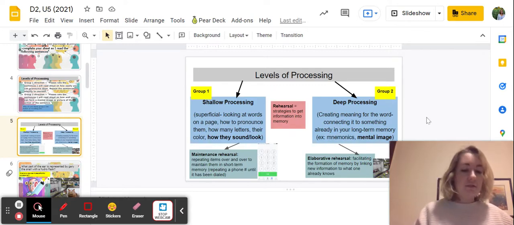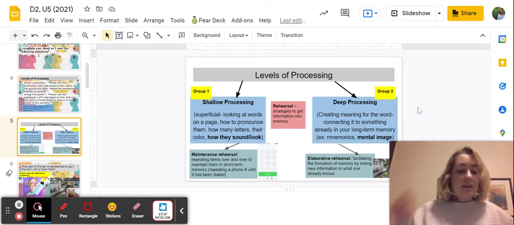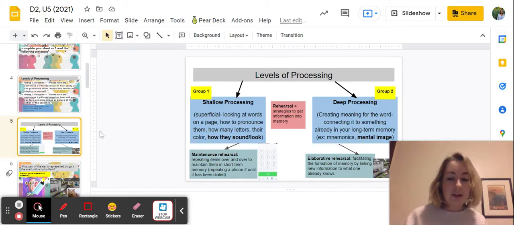Now, for deep processing, what we can do is something called elaborative rehearsal. That's what today's lesson is about: all these different elaborative rehearsal techniques that exist. It is defined as facilitating the formation of memory by linking new information to what we already know, connecting to previously held memories and things in our system.